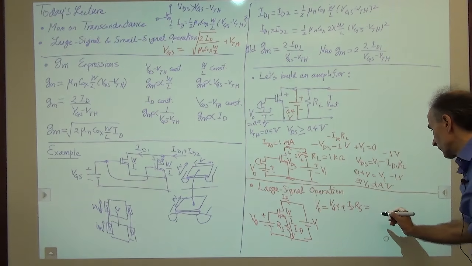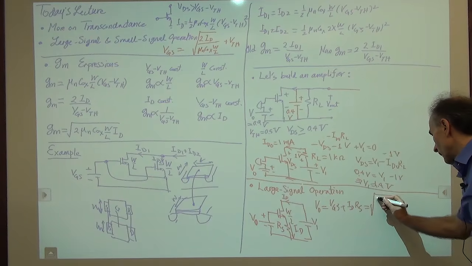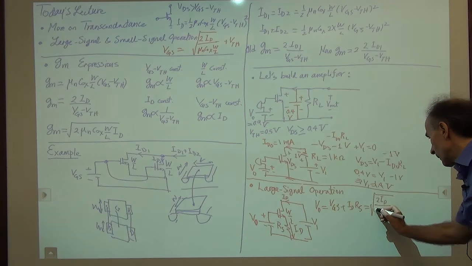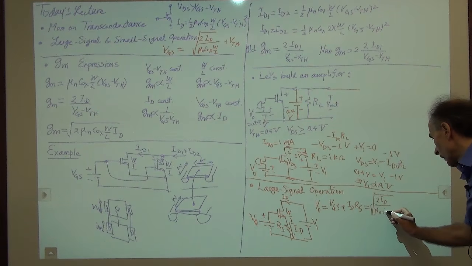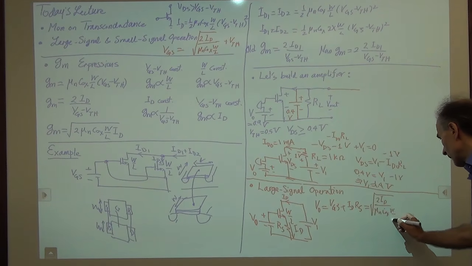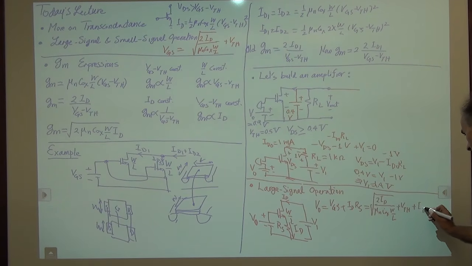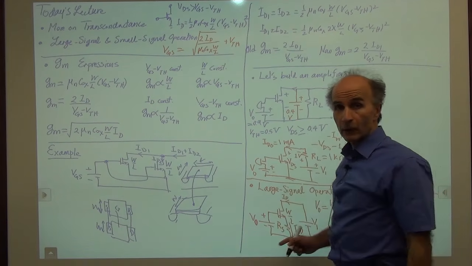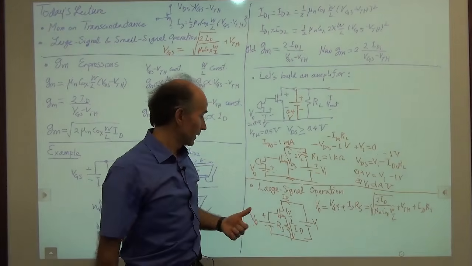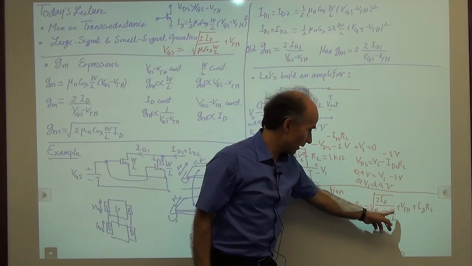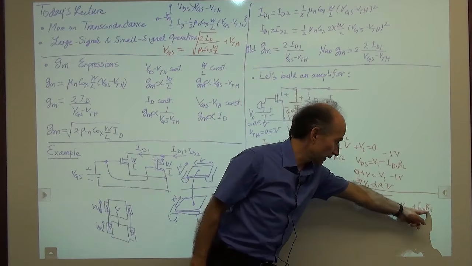So V0 is equal to the square root of 2ID divided by mu n C ox W over L, plus VTH, plus ID times RS. What we do know in this equation are V0, the voltage we have applied here, and VTH and mu n C ox and W over L and RS.